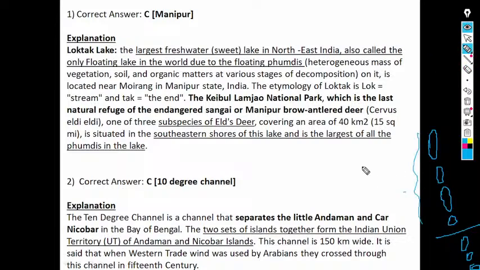These are your Andamans, and this is your Nicobar.